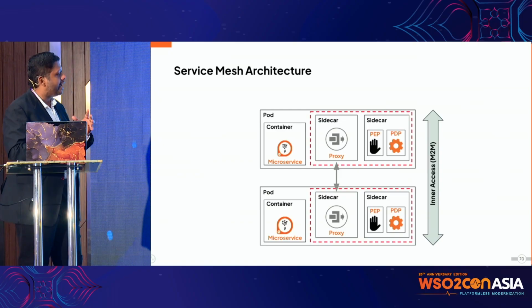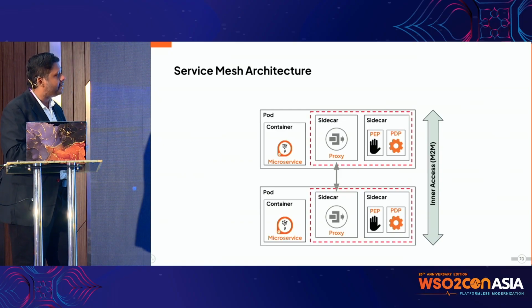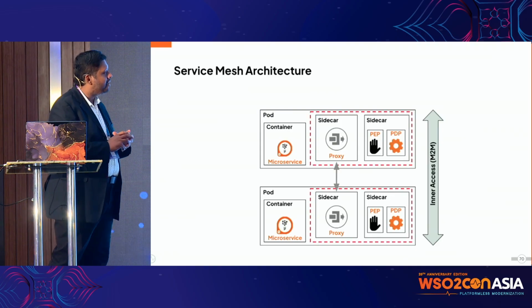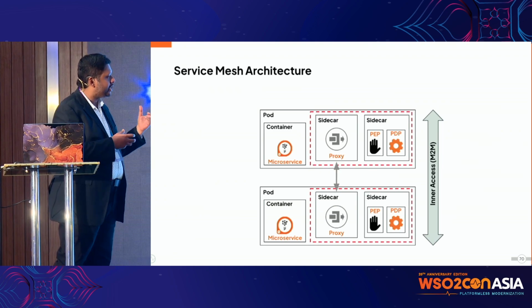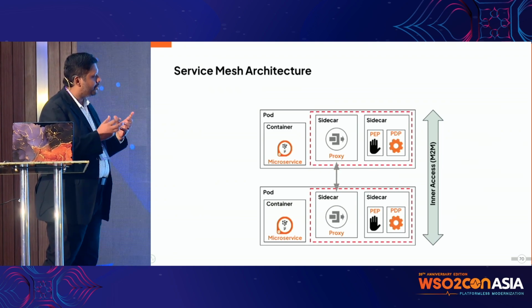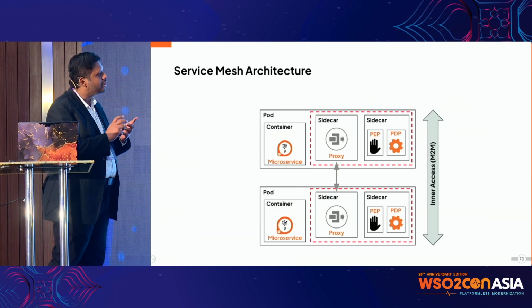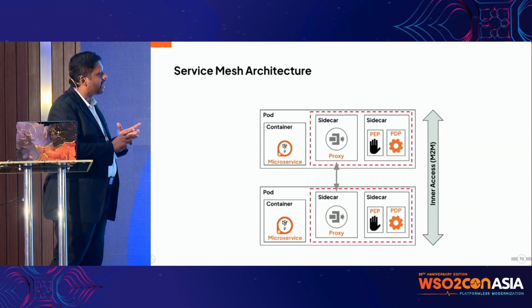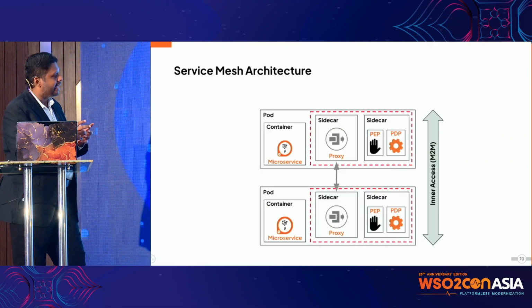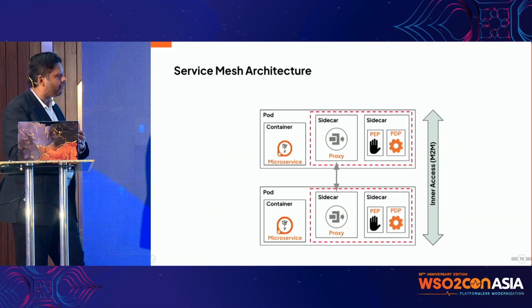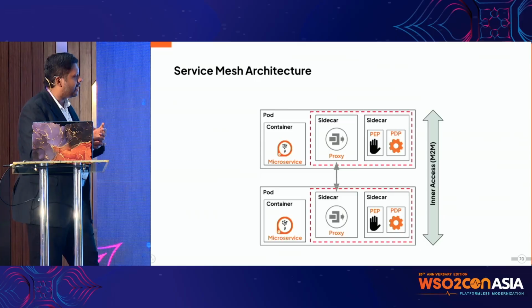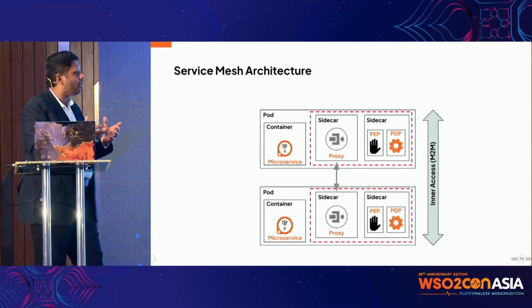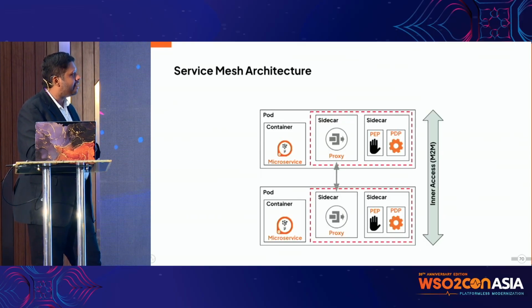Then when it comes to inter-service communication in a service mesh architecture, the same pattern applies, but with a slight difference. Of course, you need a PEP in each pod, because when pods are calling other pods, you need a PEP to enforce that. But you might also have a local PDP as a sidecar, in order to optimize performance, because with service-to-service communication there can be lots of calls going back and forth.